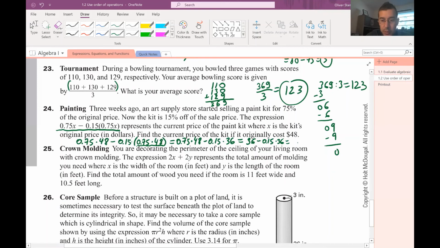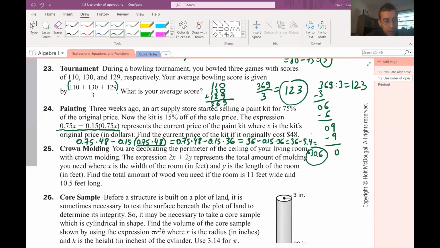So we do 36 minus 5.4, which is 30.6. So the solution is 30.6. Okay, and find the current price. So the price is in dollars. So you can say that's $30.60. And that was number 24.